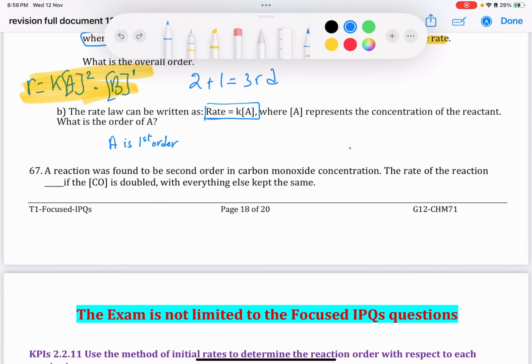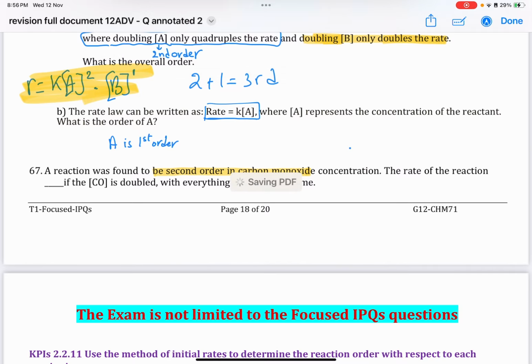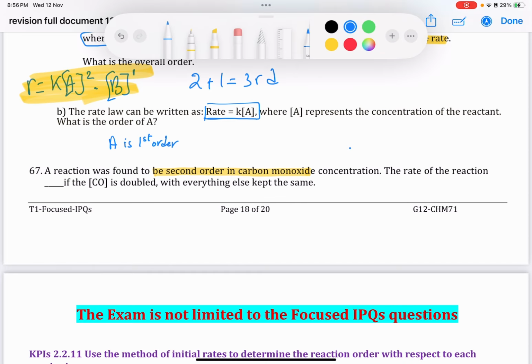If a reaction was found to be second order in carbon monoxide, what would happen to the rate of the reaction if CO doubled?